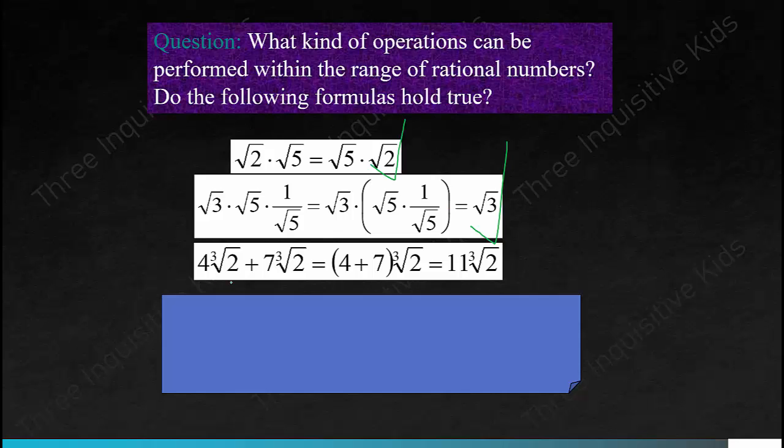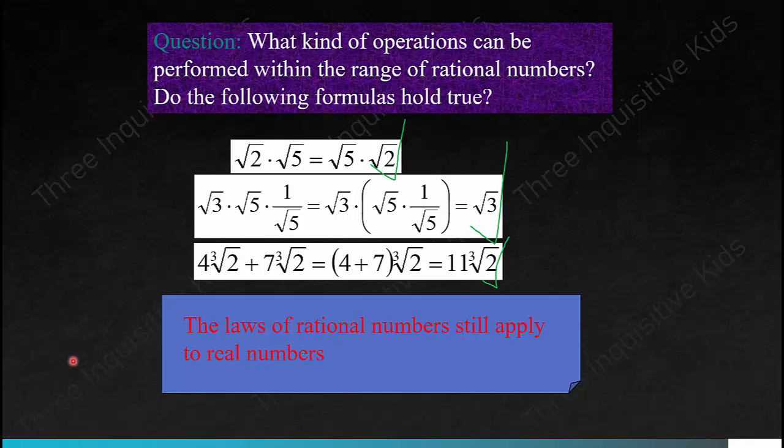And this is 4 times the cube root of 2 plus 7 times the cube root of 2. You can factor 4 and 7 out, and then you will get 11 times the cubic root of 2. That is also correct, and that's the distributive property of multiplication. So what this is trying to tell you is that the laws of rational numbers still apply to all real numbers. It holds true in the whole range of real numbers.